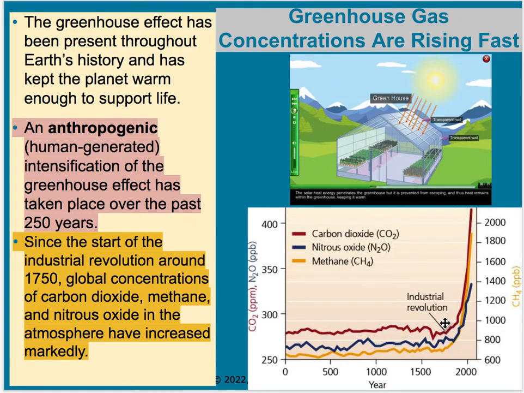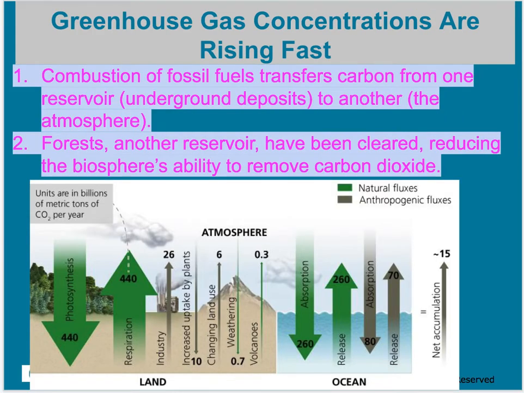Since the Industrial Revolution, carbon dioxide, nitrous oxide, and methane have shot way up where they were a lot less before. And I'm sure you wonder how, and we will talk about how they can determine that later, or what records they have.